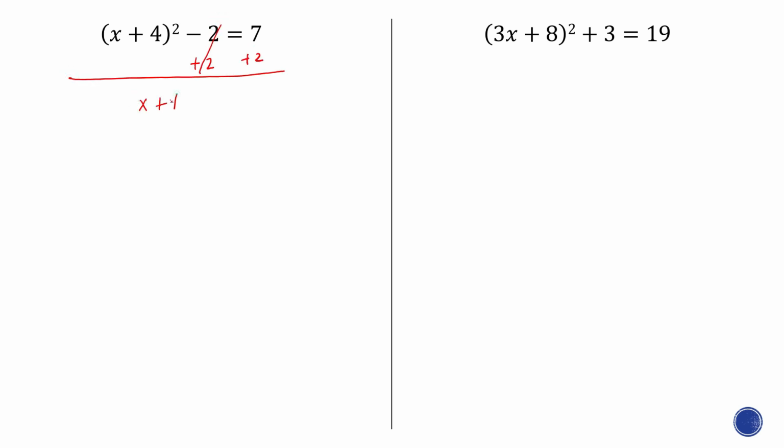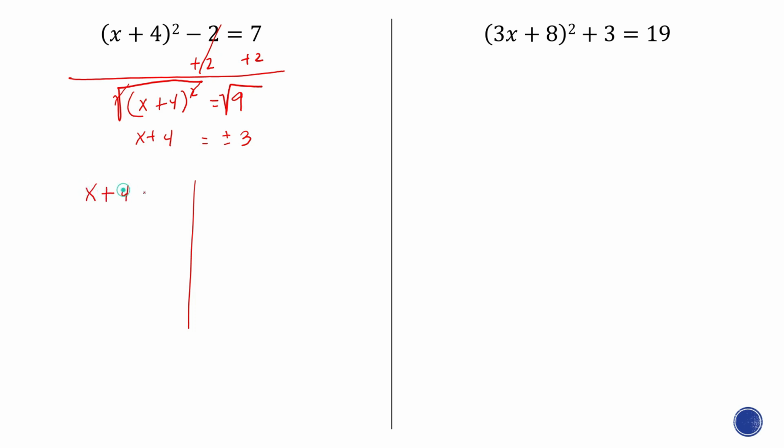That will give us (x plus 4) squared equals 9. In extracting the square root, we find the square root of both sides of the equation. So this will be x plus 4 equals positive negative square root of 9, which is 3. Since we have positive 3 and negative 3, we will have 2 possible solutions here.